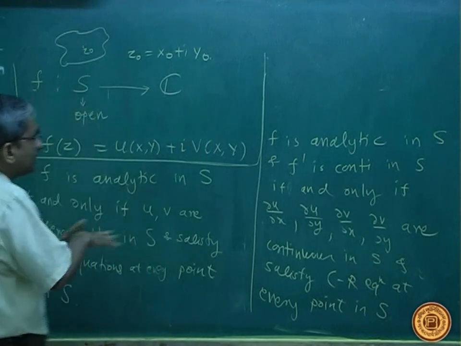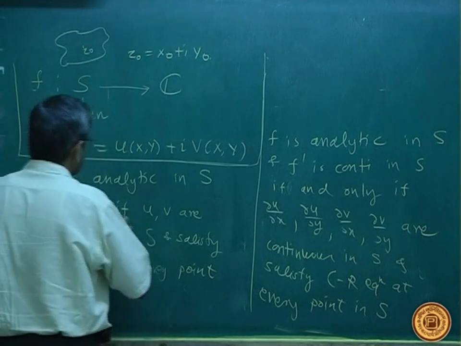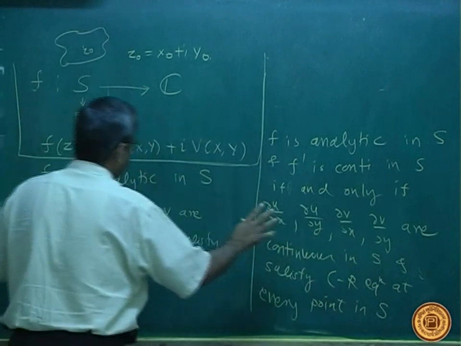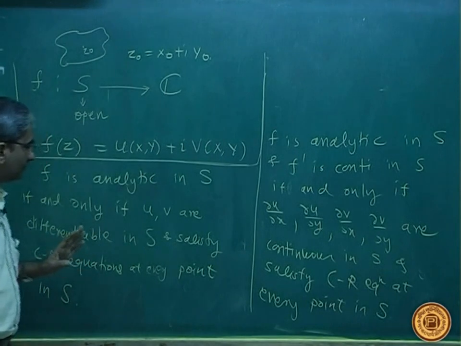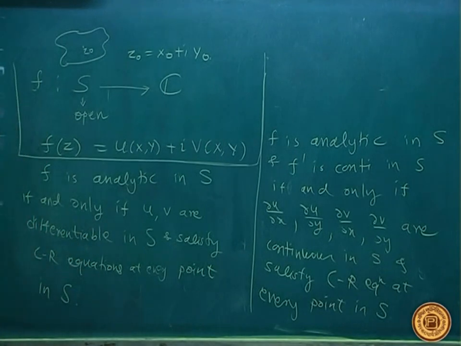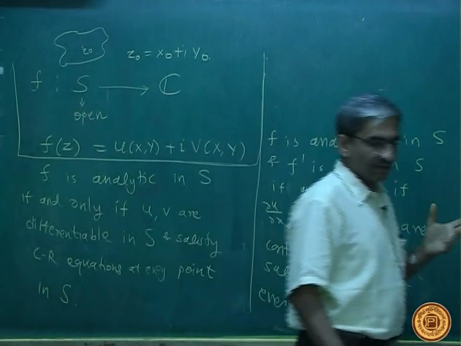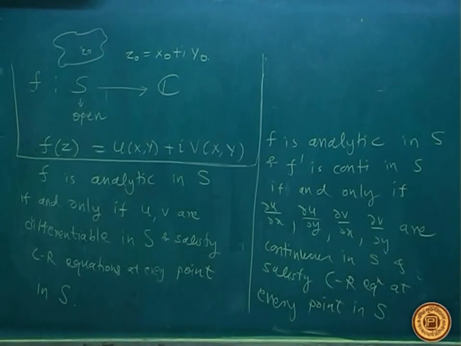And therefore, just to give you some idea of what implies what, I have written two statements which are separate, but actually as such the existence of partial derivatives, the differentiability of u and v, and if they further satisfy Cauchy-Riemann equations, that will be sufficient to guarantee that f is analytic and f dash is continuous.